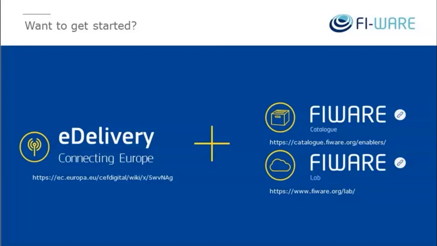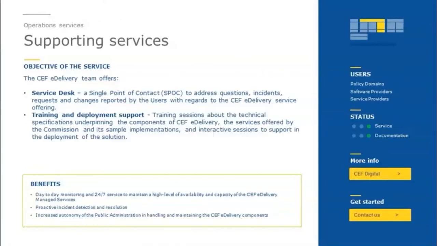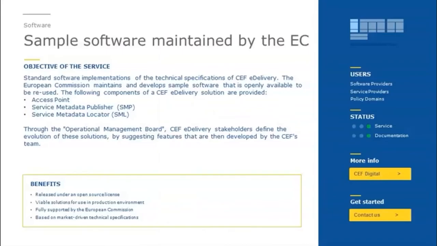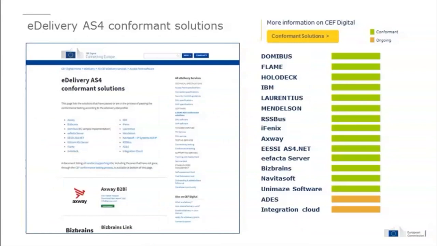There are other implementations, such as the other one that we presented. I see that Gianluca is referring to Holodeck. That's indeed one other open source solution, also based on Java. We know this implementation very well, and it is as good as Domibus, and you can really feel free to experience other implementations. We are not pushing especially for Domibus.